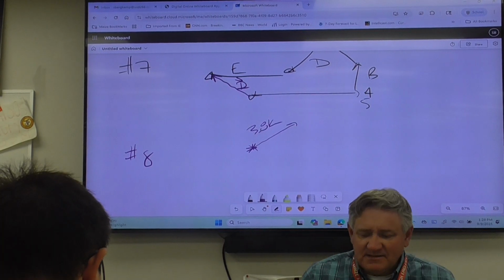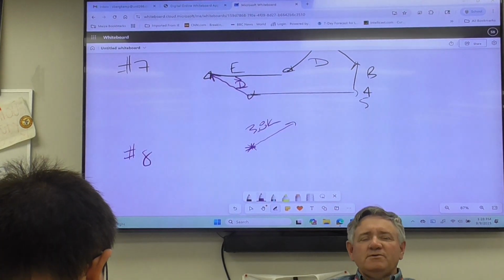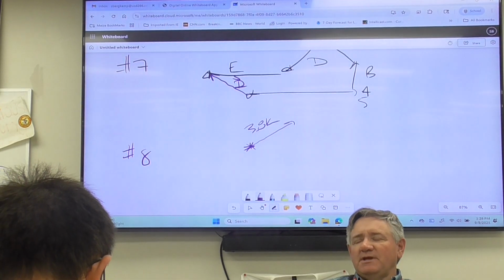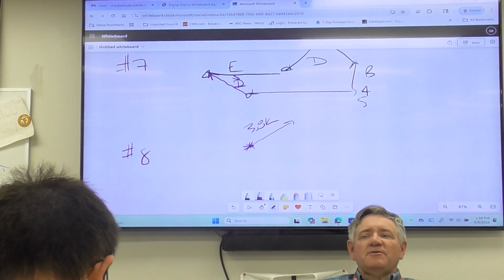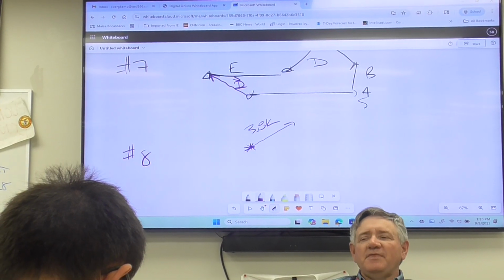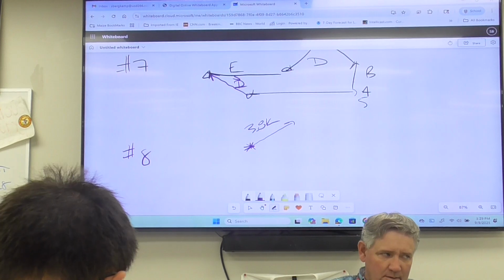This is the classic situation where you need to set up a scale. Don't try to draw a line 3.8 kilometers long. That would be about 2 miles, and it would take a lot of paper.